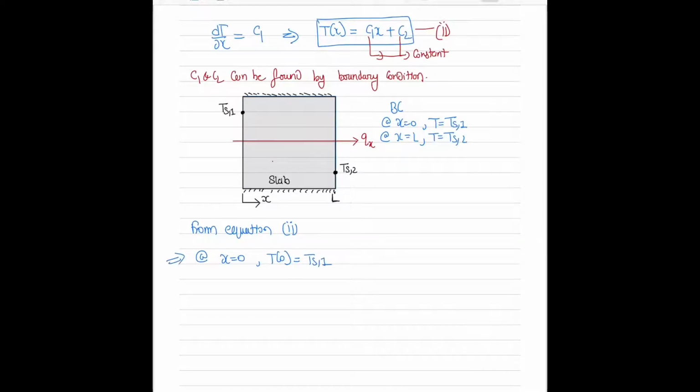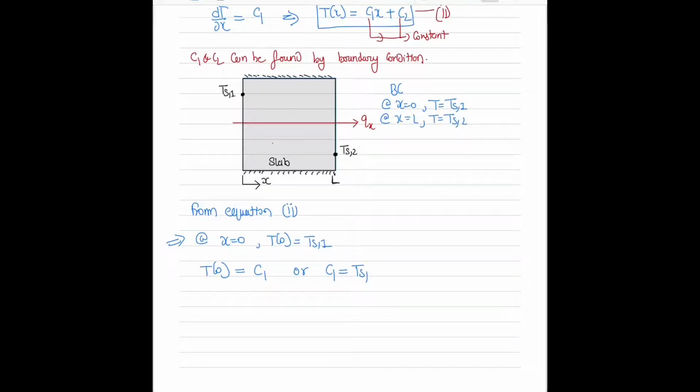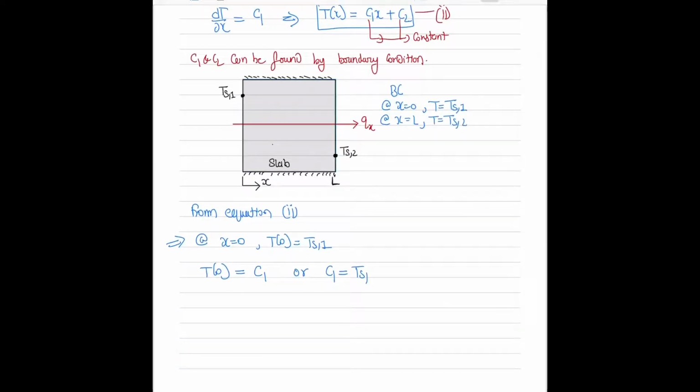So we will have T of 0 equal to C1, or we can write our C1 as Ts1, because our temperature at x equal to 0 is equal to Ts1. Now substituting the value of C1 in equation 2, we will get temperature as a function of x equal to C1x plus Ts1.